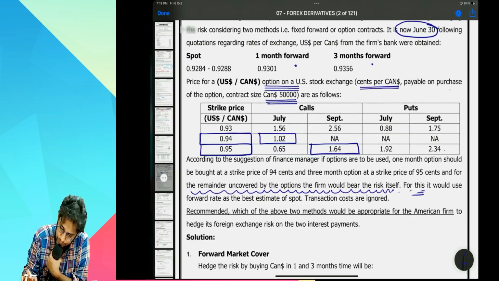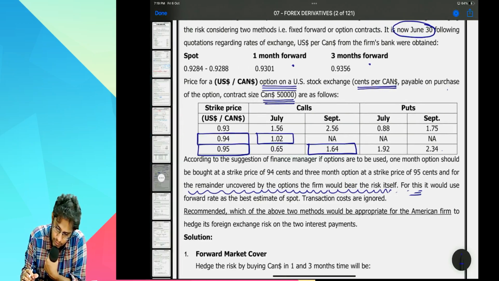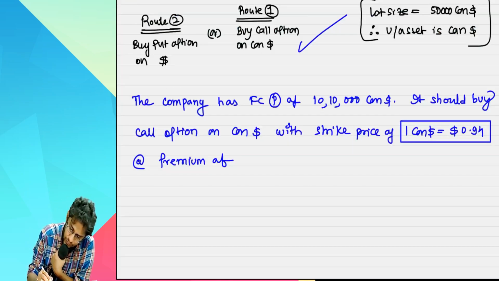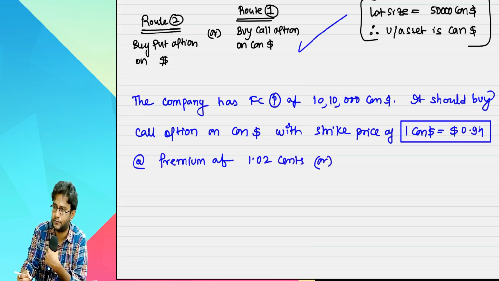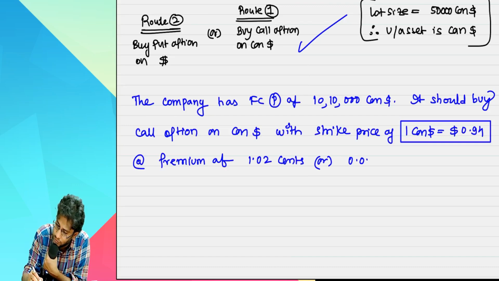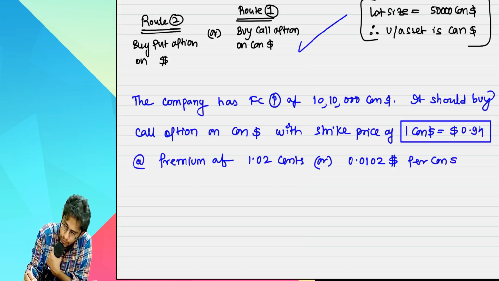At a premium of, how much premium? 1.02 cents, so divide by 100, 0.0102 per CAN dollar.